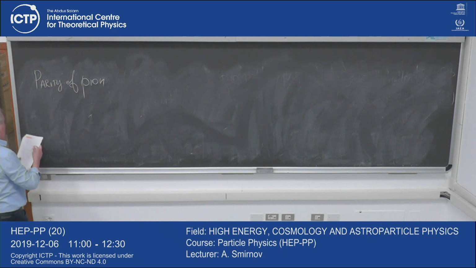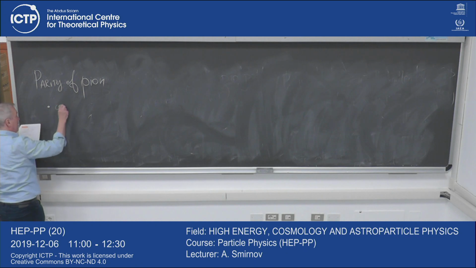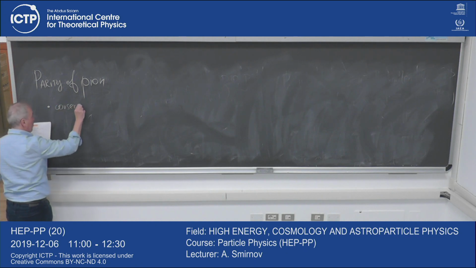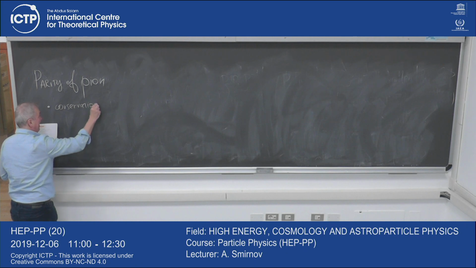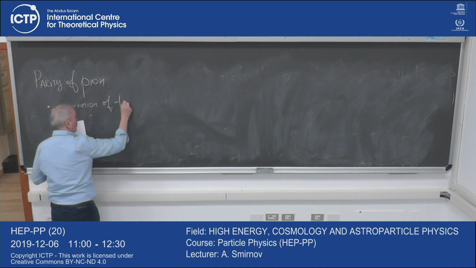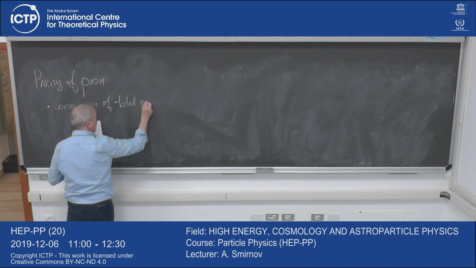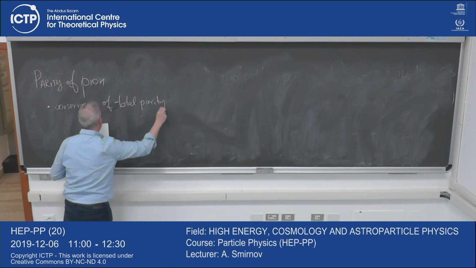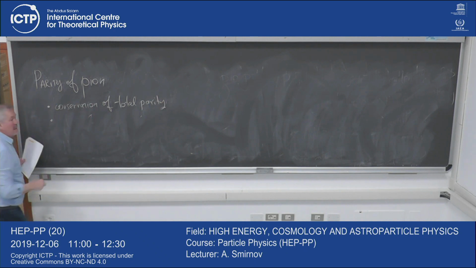So what we are using to establish parity is, first, conservation of total parity in the processes. And the second is entanglement of internal parity and the orbital motion, the parity related to orbital motion.